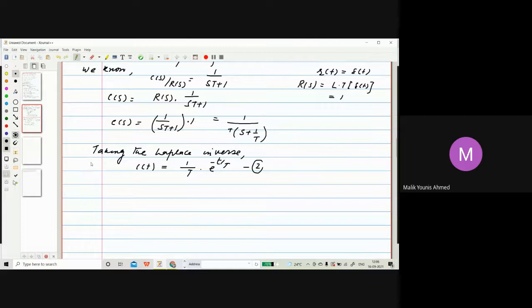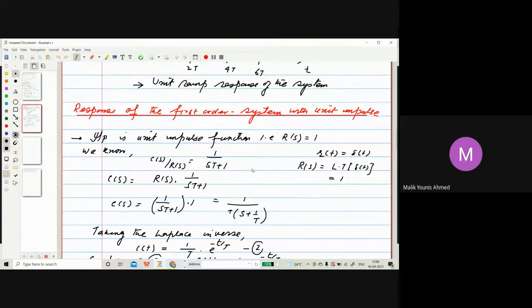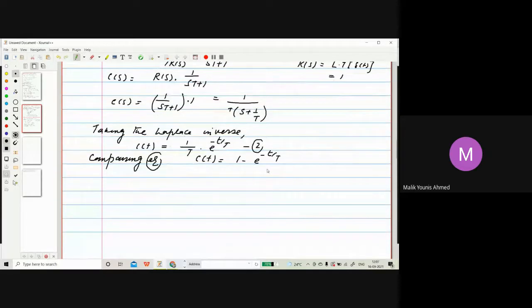Comparing with the equation c of t equal to 1 minus e raised to the power minus t by T, this was the response for unit step, and this response was for ramp, which we have just done, and this response is now for unit impulse. Step, ramp, and unit impulse.